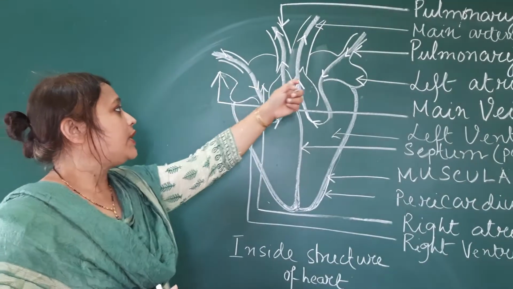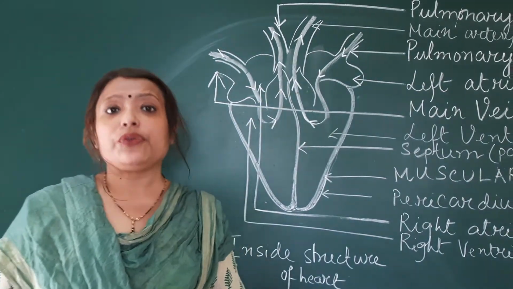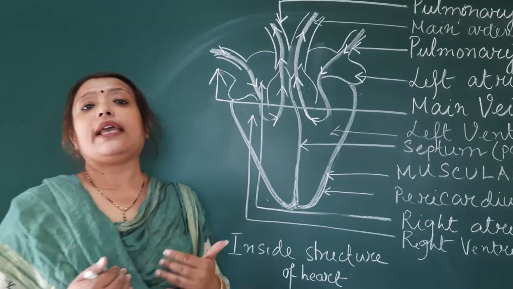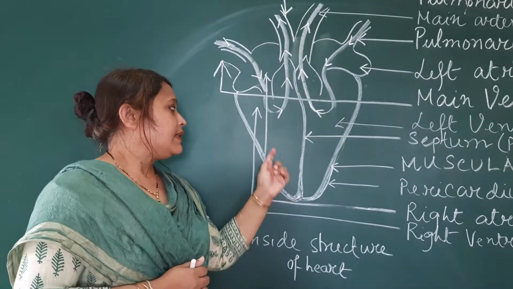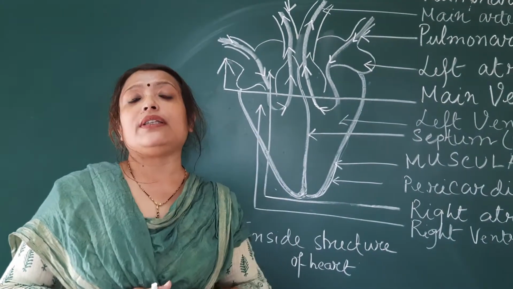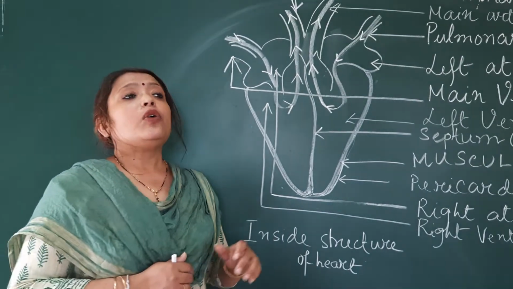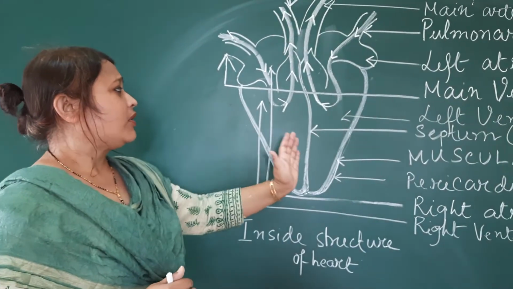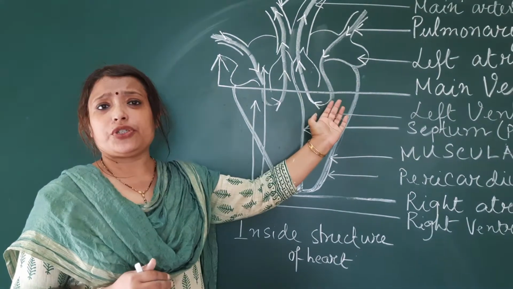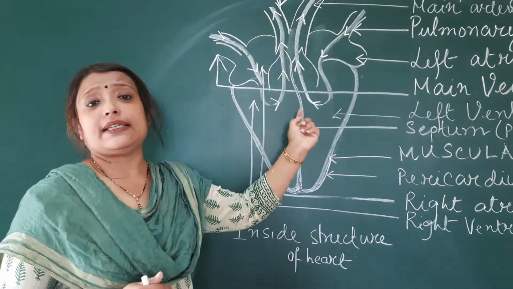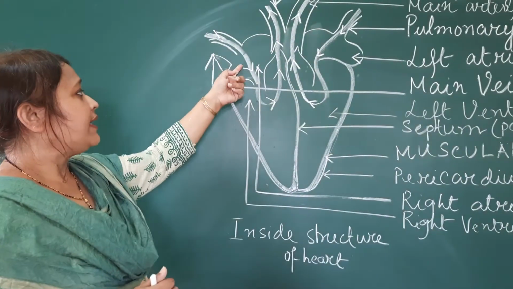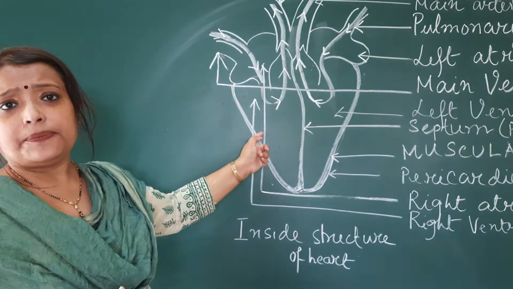The upper two chambers are known as the atria, or in singular atrium, and the lower two chambers are called the ventricles. This portion is the left atrium, the left ventricle, the right atrium, the right ventricle.